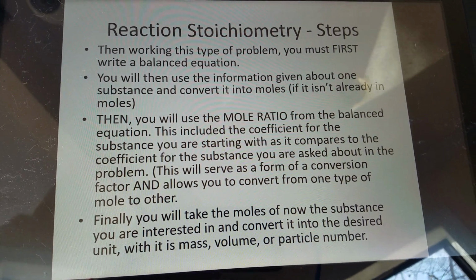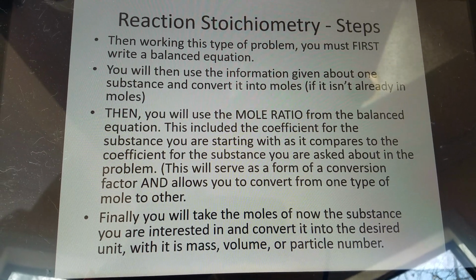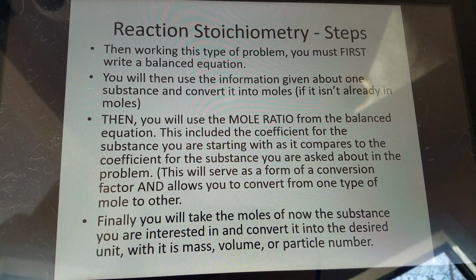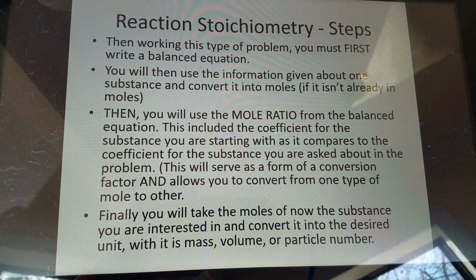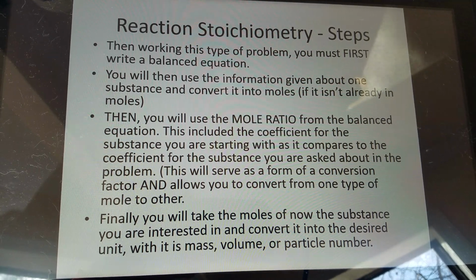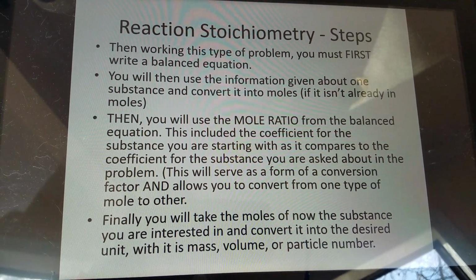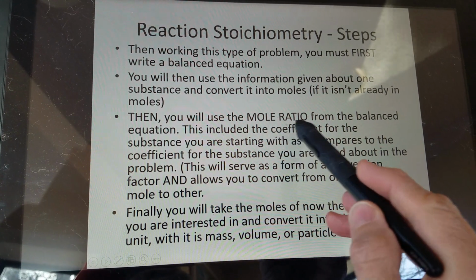The first thing you have to do when you do a reaction stoichiometry problem is write a balanced equation. That's what we spent some time doing before. Then you take whatever information you're given initially and convert that into moles if it's not already in moles. Then you'll use what's called a mole ratio.